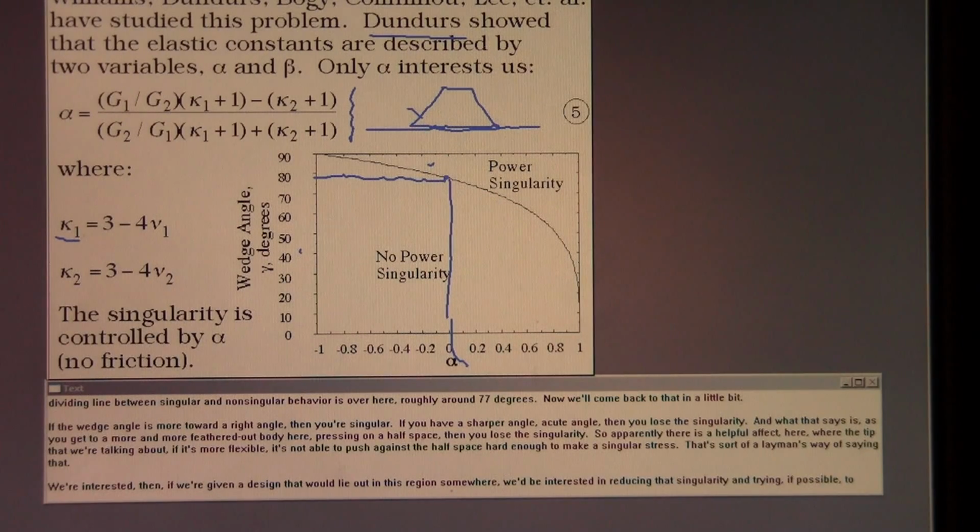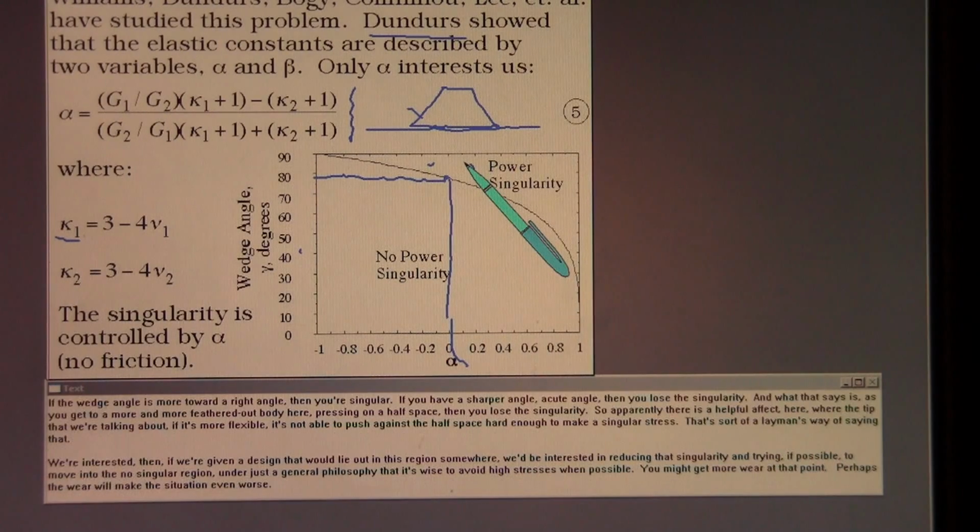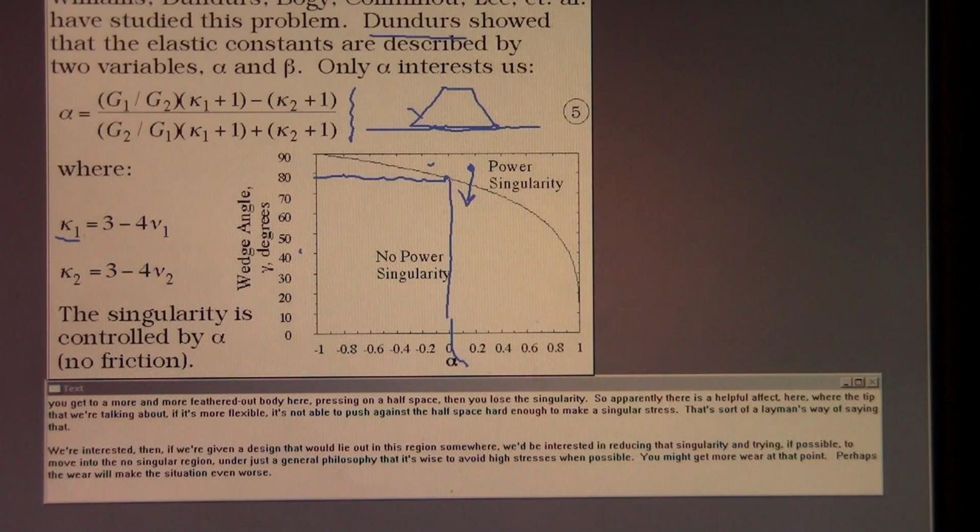So we're interested, if we're given a design that would lie out in this region somewhere, in reducing that singularity and trying, if possible, to move into the non-singular region, under just the general philosophy that it's wise to avoid high stresses when possible. You might get more wear at that point. Perhaps the wear will make the situation even worse.